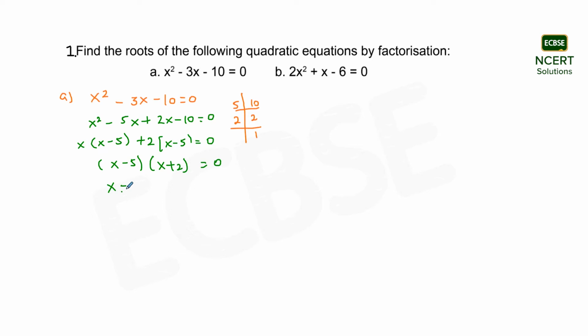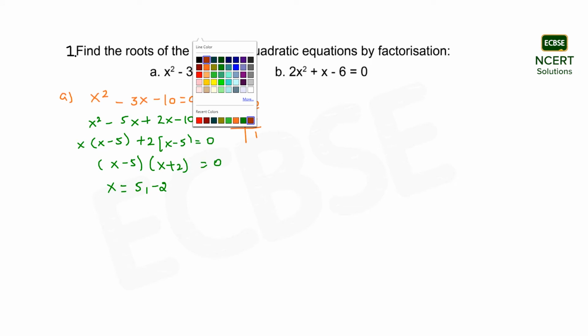So I'll be getting the value for the variable x to be 5 or minus 2. So these are the values for the variable x, or I can say these are the roots for this very quadratic equation. That is, this quadratic equation might be cutting the x-axis at 5 and minus 2 respectively. This is what the roots mean.